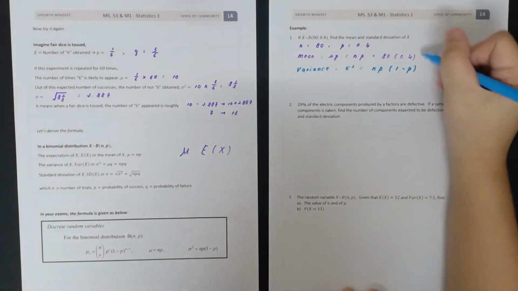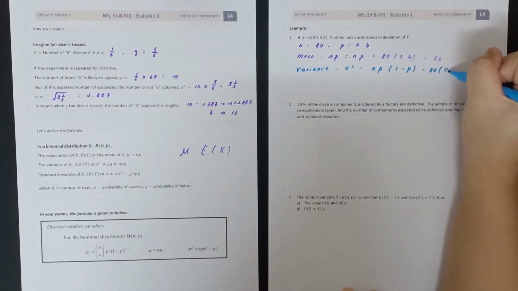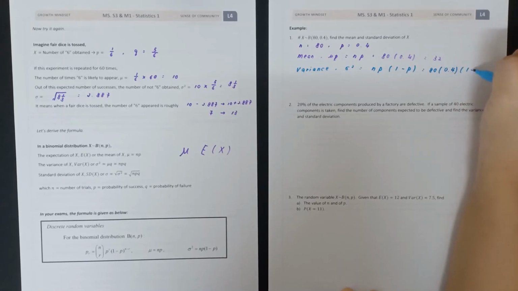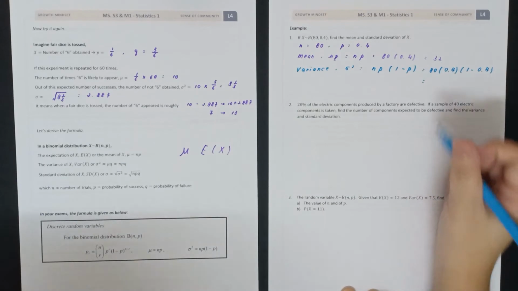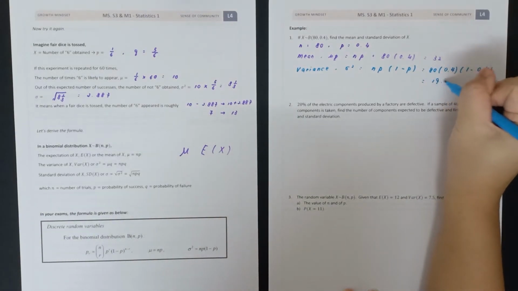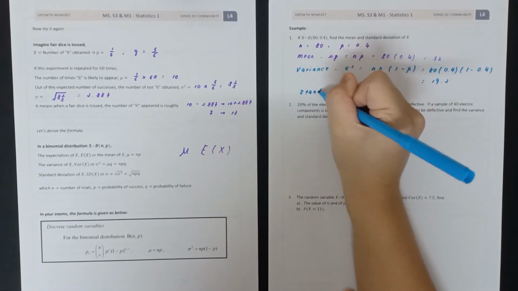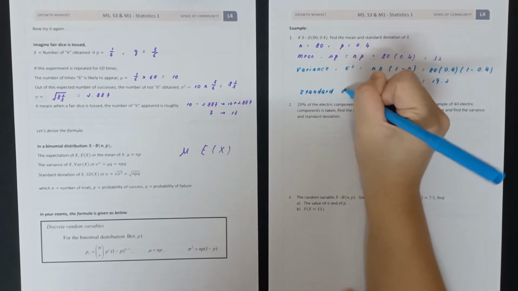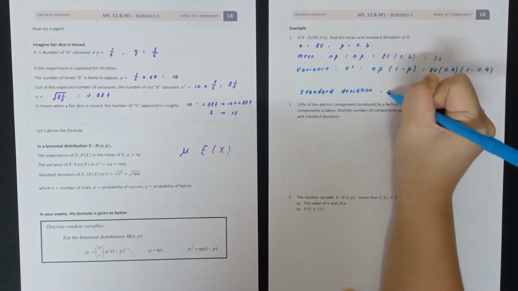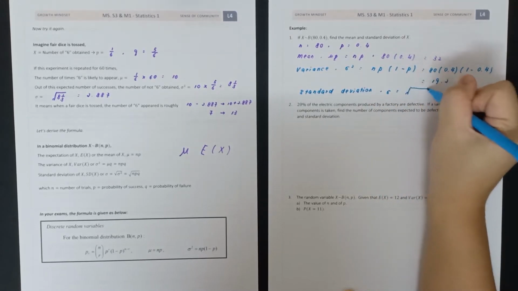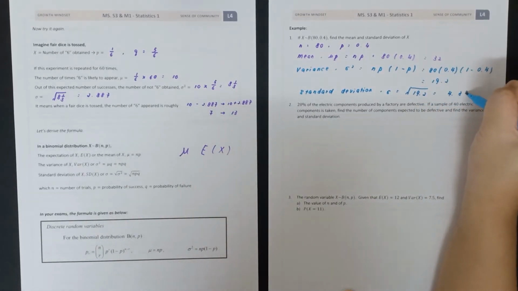When you multiply them together, you will get 19.2. Then how to find your standard deviation? It's basically using the answer just now and you do the square root, so the standard deviation equals the square root of your variance. You'll get an answer of 4.38.